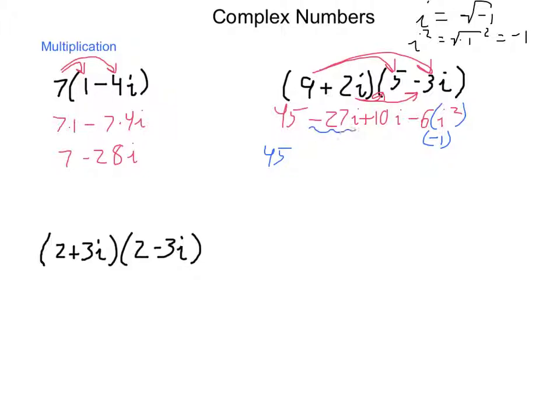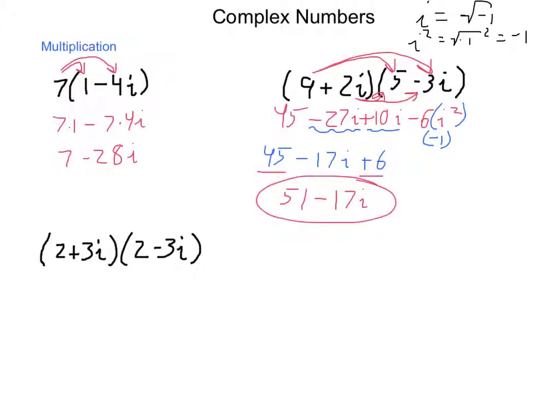Let's take our negative 27i and our positive 10i and get a negative 17i. Then I have negative 6 times negative 1, which I am simply going to multiply together, so I have a plus 6. Now 45 plus 6 is 51, so I have 51 minus 17i as my final answer.